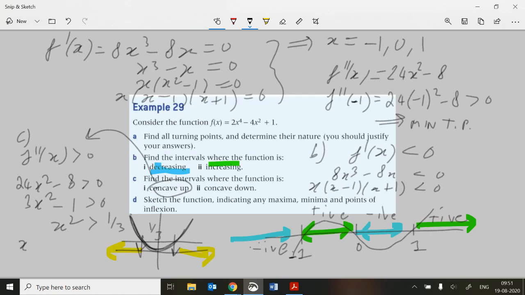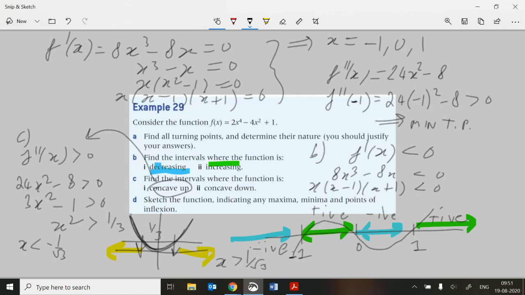So we've got x is less than the square root of this, so minus the square root of a third, of course. It's got minus 1 over the square root of a third, and we've got x is on the other side. X is greater than 1 over the square root of 3.